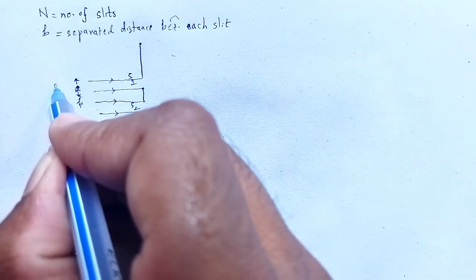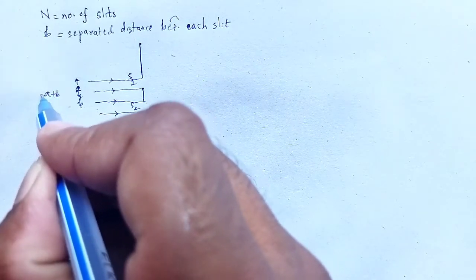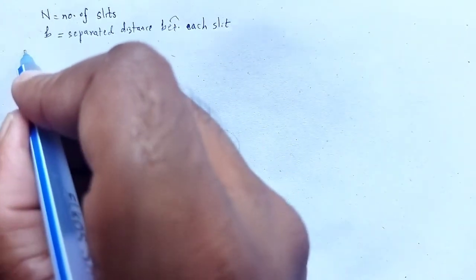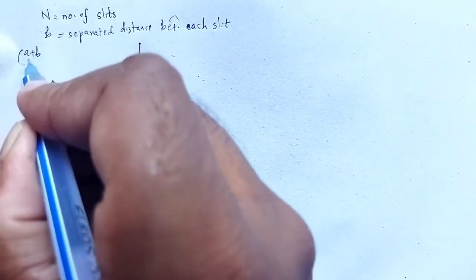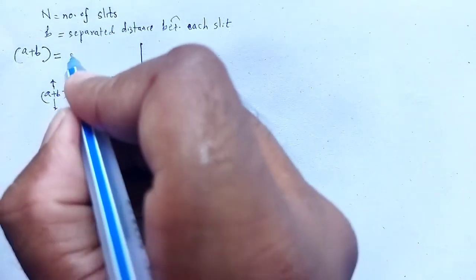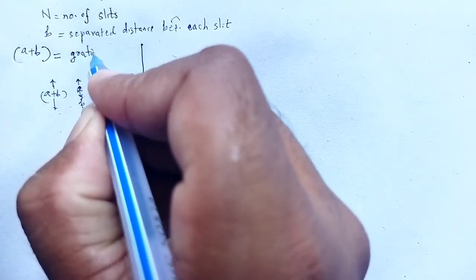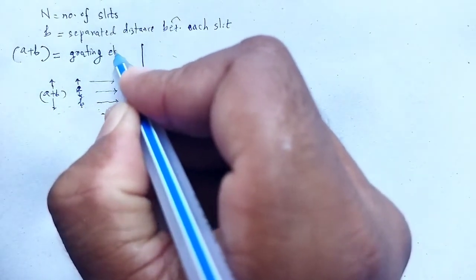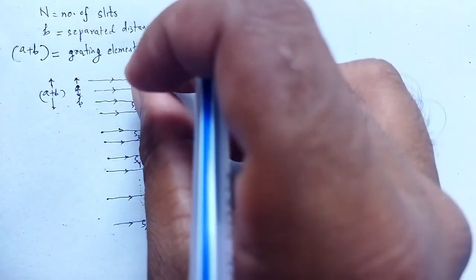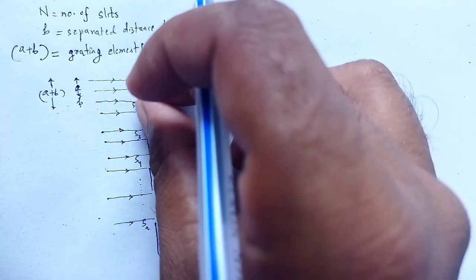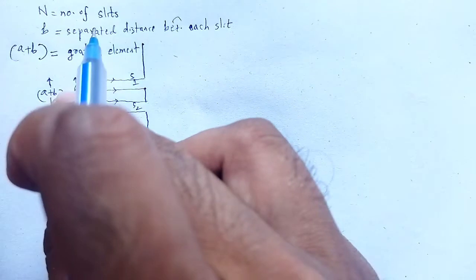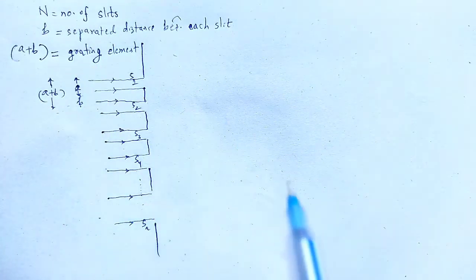So, a plus b, the total distance, is known as the grating element. a is the width of the slit, b is the distance of that opaque portion. So, the distance between these two slits, which is a plus b, is known as the grating element.